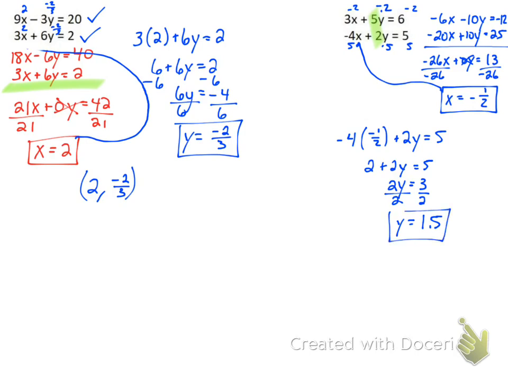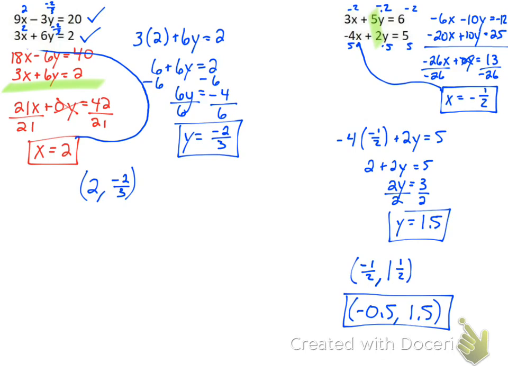So my ordered pair solution is the ordered pair negative 1/2, positive 1 1/2, or if you want to write it as a decimal, negative 0.5, positive 1.5. So again, I do want to double check these, plug them back into the originals. So negative 0.5, 1.5.